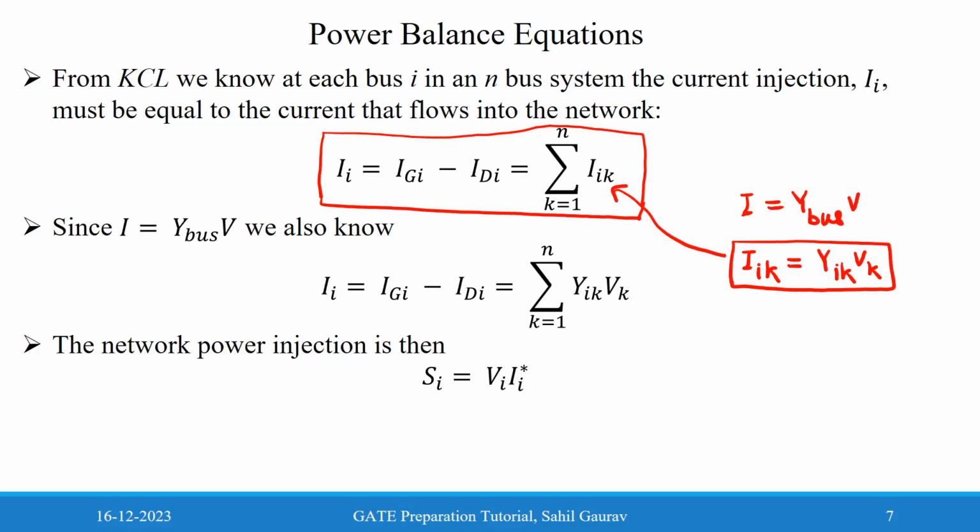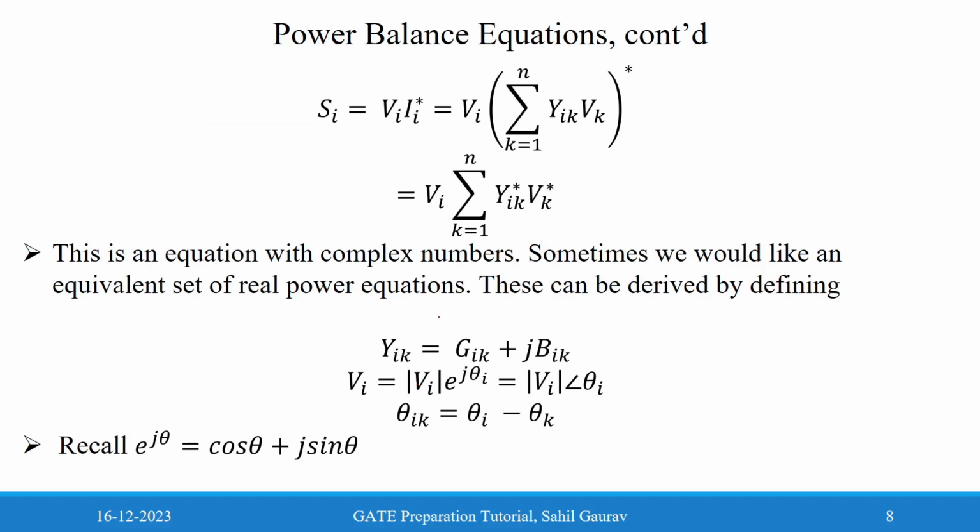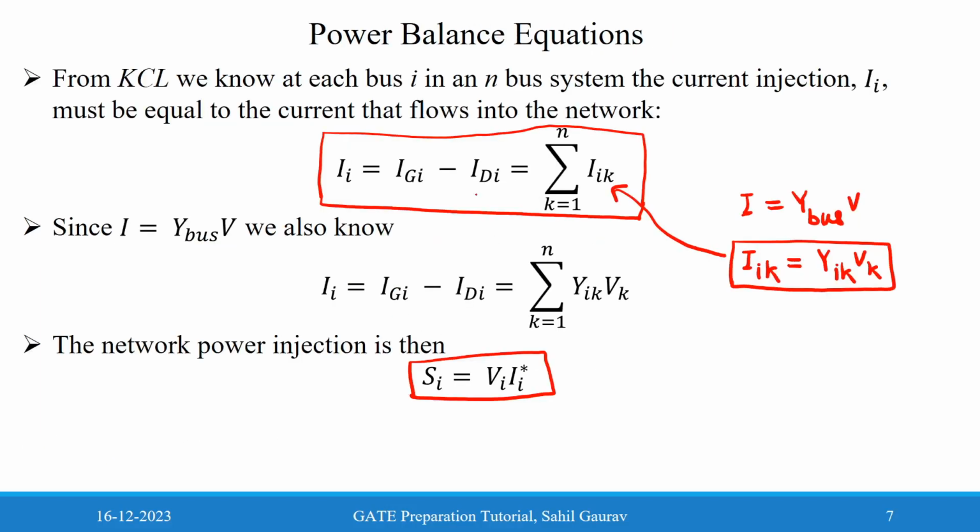Now, if we know this current injection at a specific bus I, then we can find the network power injection at that bus. We will use S_i is equal to V_i I_i conjugate for that. So again, this I_i conjugate we can write from here.